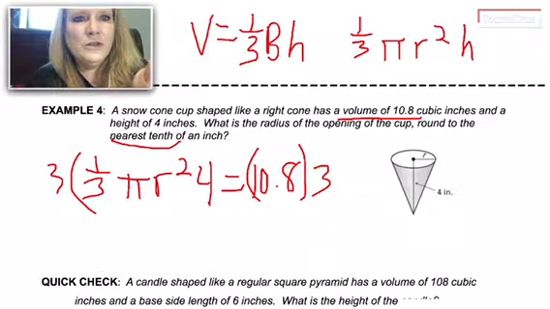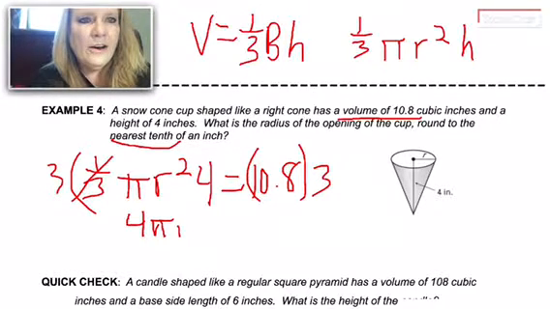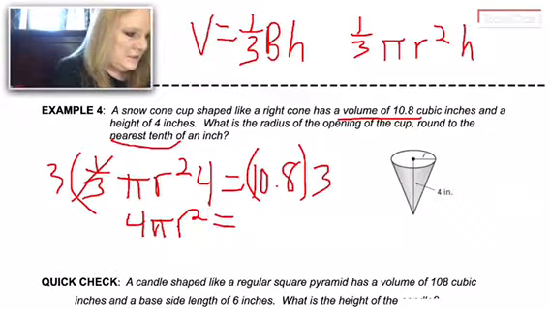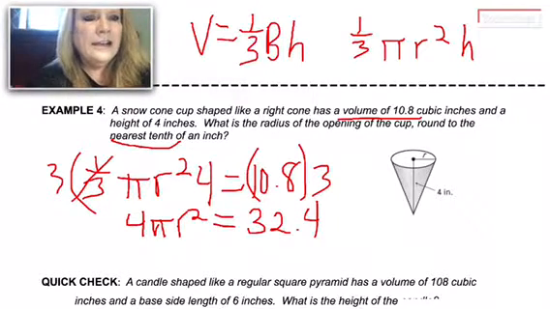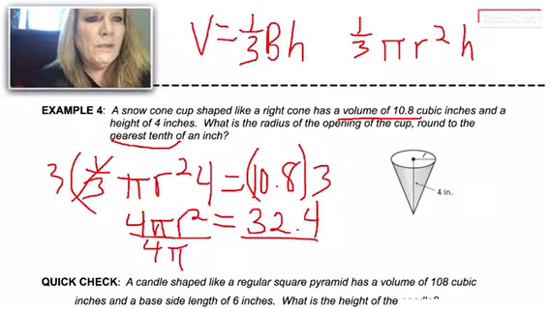So 3 times 1/3 is 1, and I'm left with 4 pi r squared is equal to 10.8 times 3, and that is 32.4. You don't have to do it that way if you don't want to. But now I need to get r by itself, so I'm going to divide both sides by 4 pi.